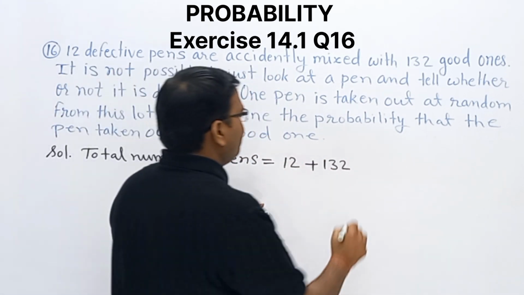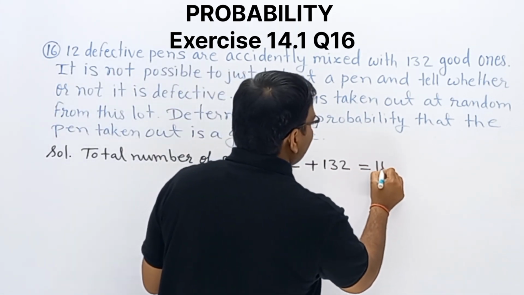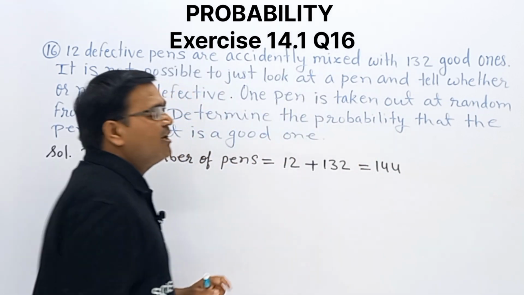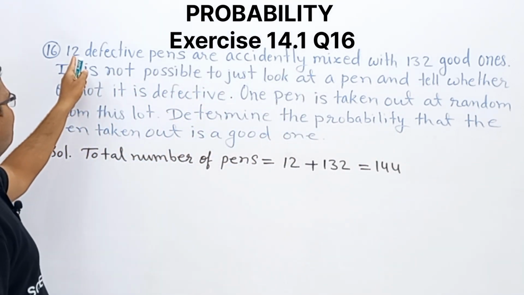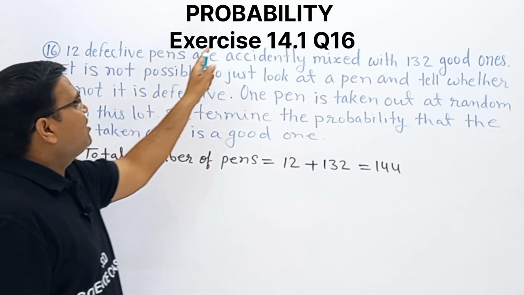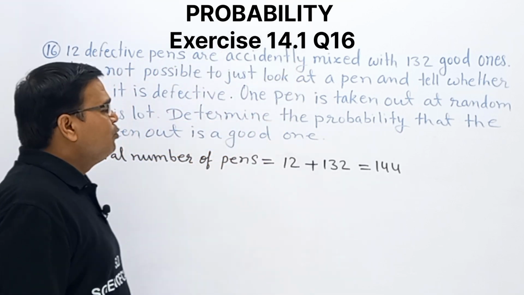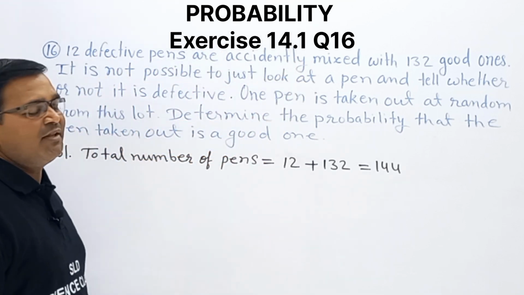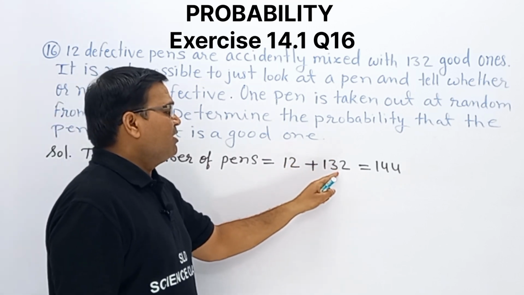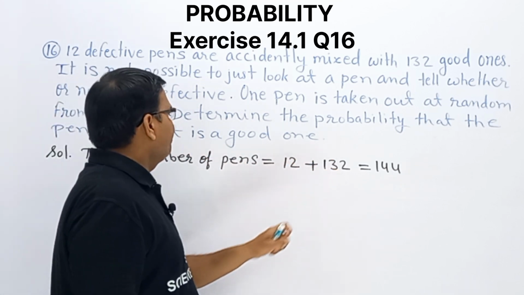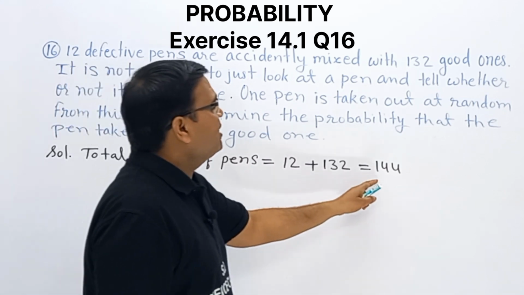Add both, what are we getting? 144 pens we are having. Once 12 defective pens are mixed with good pens, then total number of pens will be defective plus good pens.